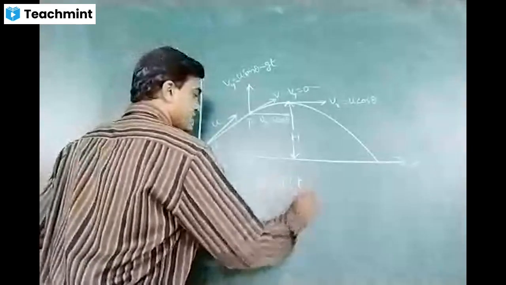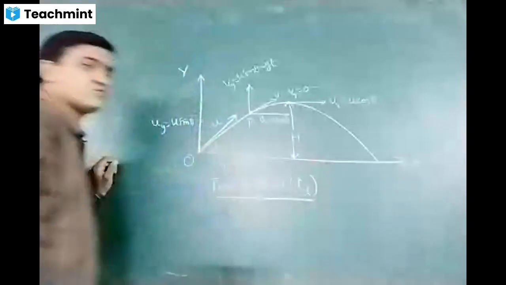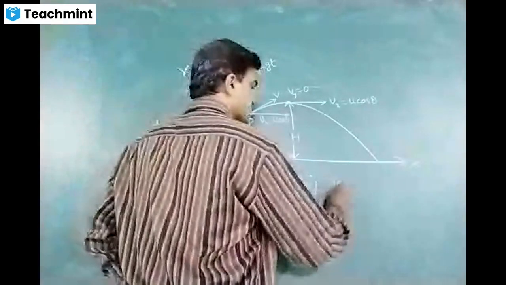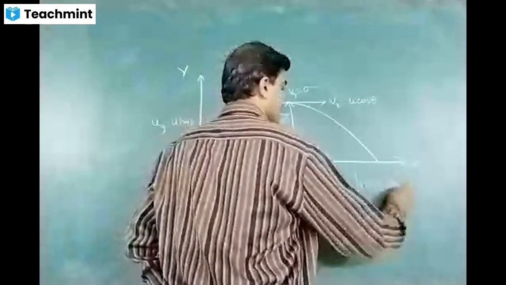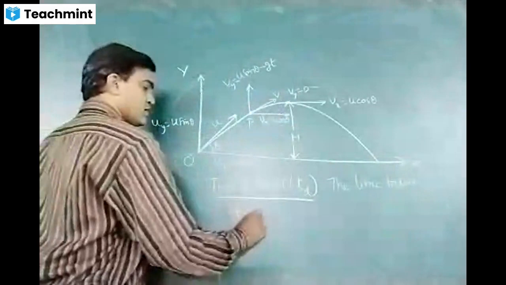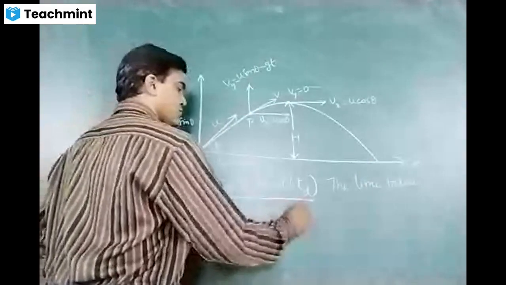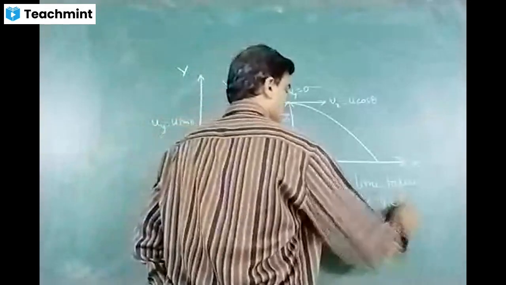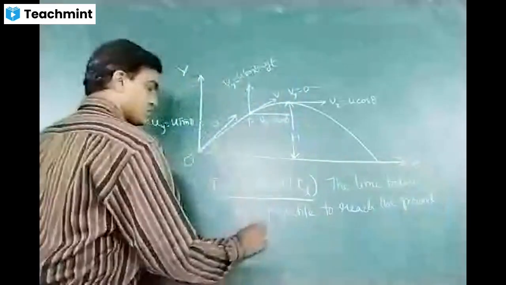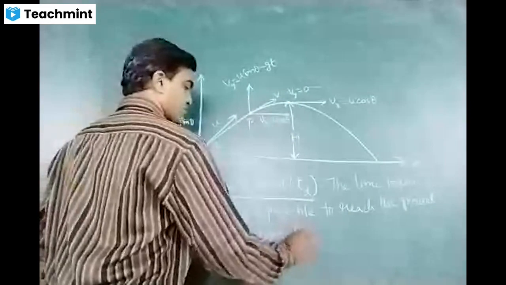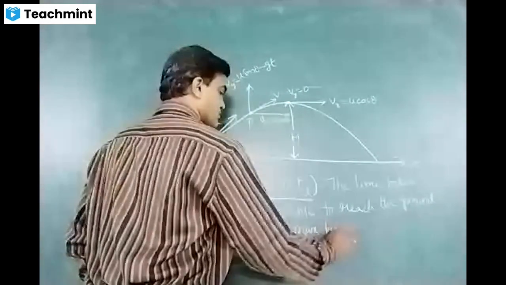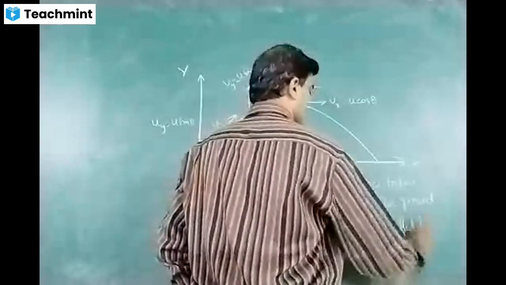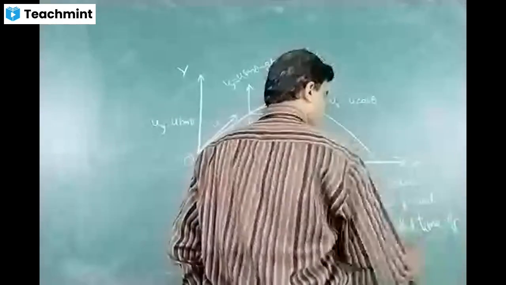I am using the letter TD for time of descent, and I have used the letter TA for time of ascent.